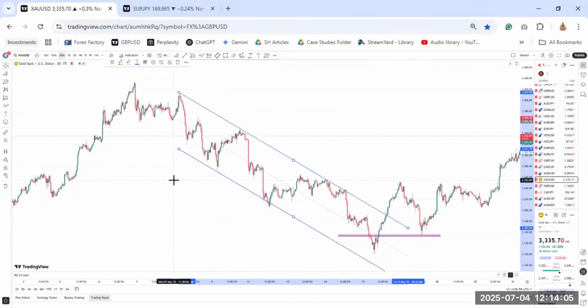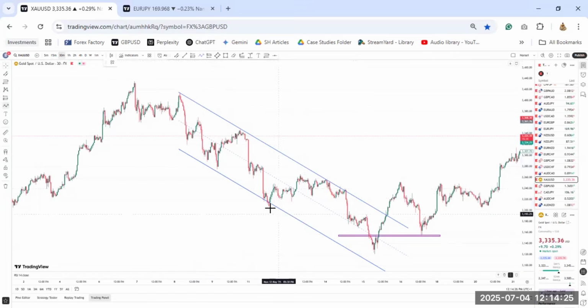The strategy that we are using is the breakout strategy of a channel. Once you draw it, you are waiting for when the price will break the channel. So we are waiting for a breakout of this channel. Now it can also break downwards.